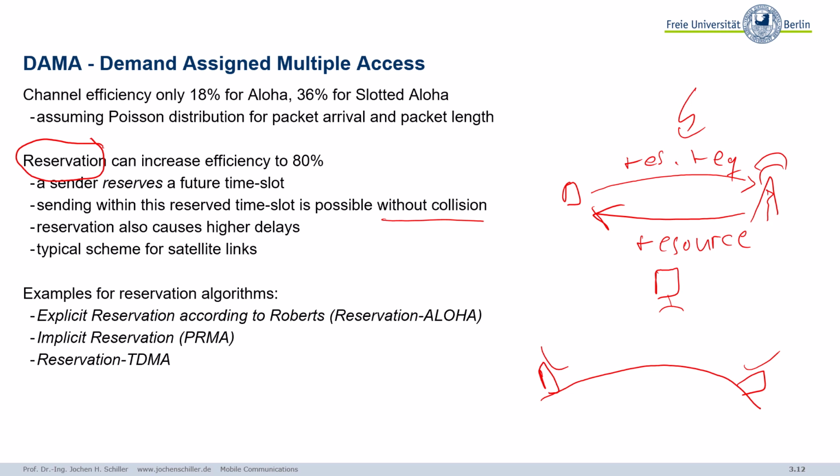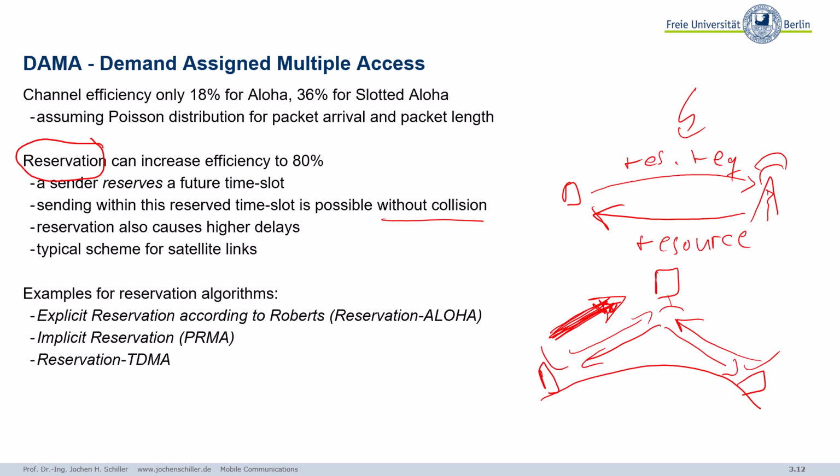They want to send something, so they send their reservation request up to the satellite, and then the satellite on the downlink grants access or blocks access or whatever. And if I get access, then I finally can send a lot of data.